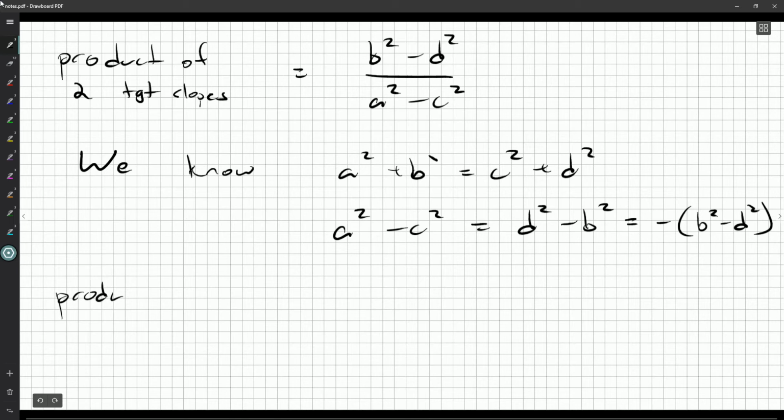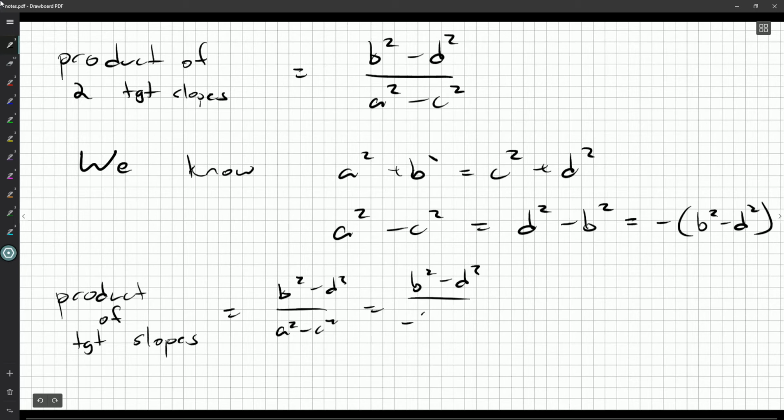So the product of the slopes is (b squared minus d squared) over (a squared minus c squared), but a squared minus c squared is just minus (b squared minus d squared), and we get -1.